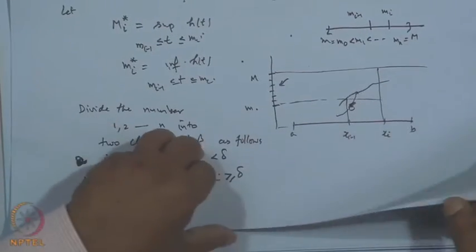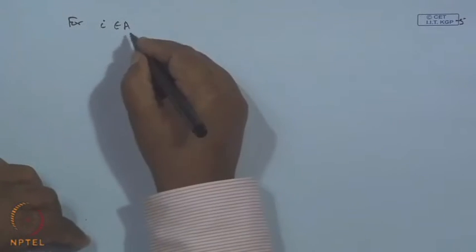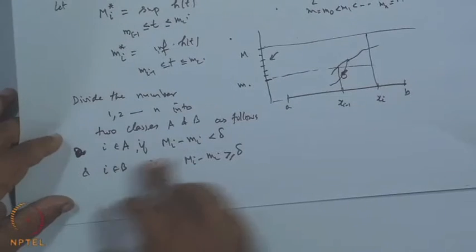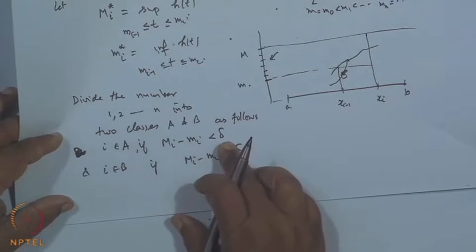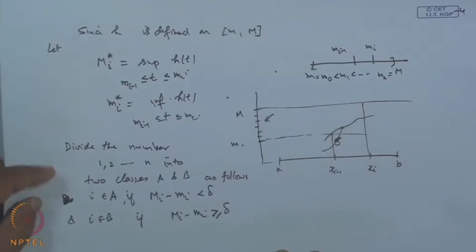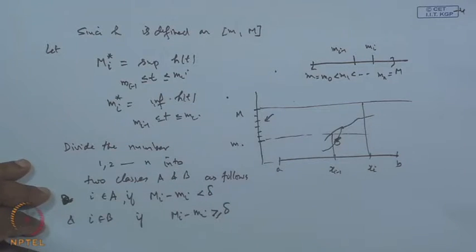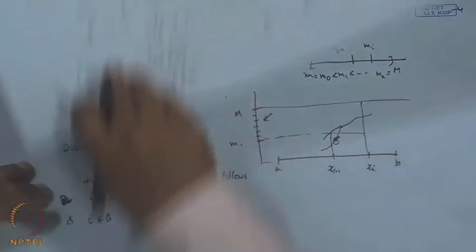Now, pick up class 1. For I belonging to A, what is our choice? When I is in A, M_i minus small m_i is less than delta. So in this case, what is M_i star minus small m_i star?